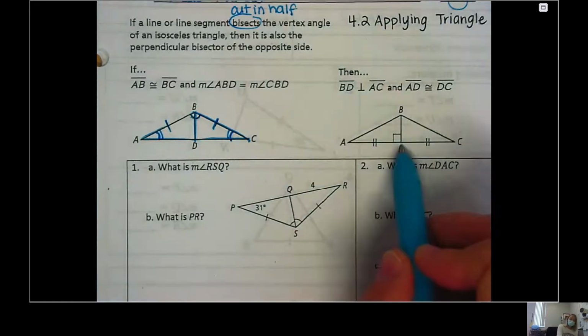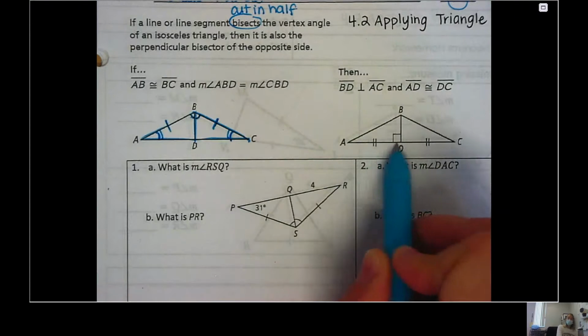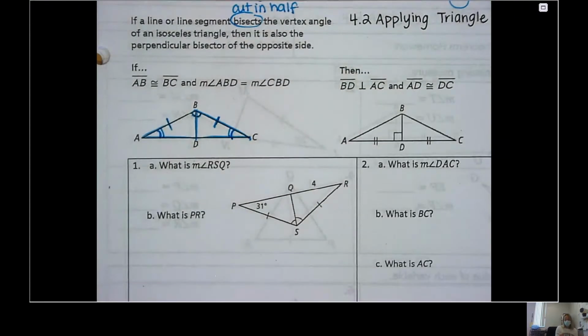Additionally, these bottom pieces are also going to be the same. So literally, when you have an isosceles triangle that is bisected or cut in half, you've got your really big triangle, and when I cut it in half, it's two small triangles that have just been reflected. Everybody see that? So if I took this triangle and I flipped it over to this side, everything's exactly the same. These angles are the same when they flip over. It's like a mirror.